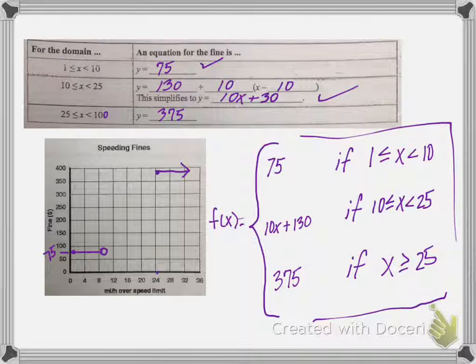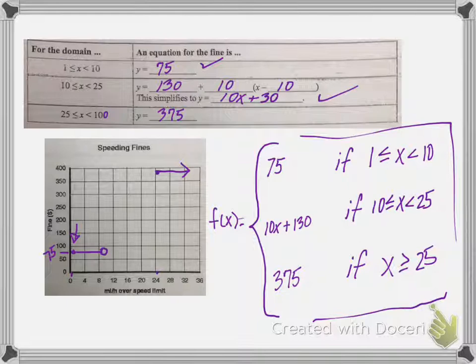So I have all of them graphed over here, and you can approximate where to find the 75. And notice right here that I've actually closed the circle. And again, I tried my best to find 1 mile per hour, and I closed the circle. I opened the circle at where 10 is at.